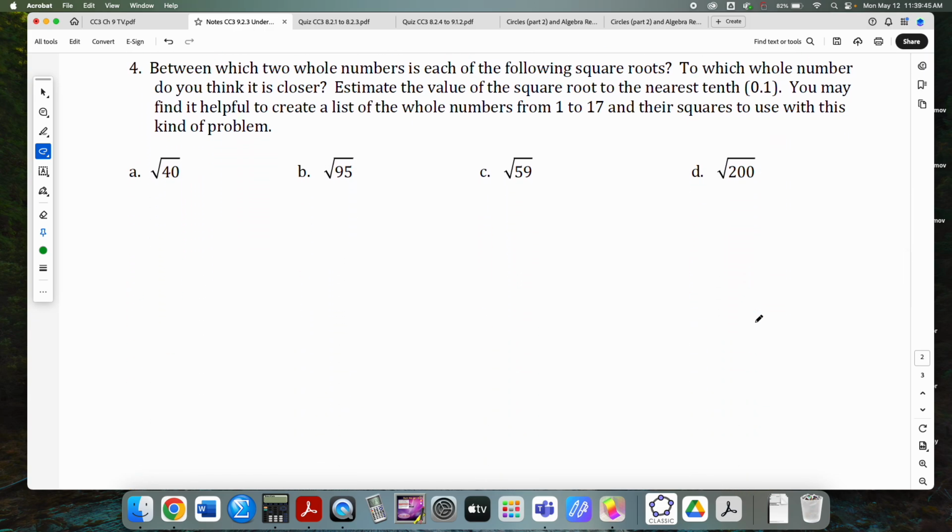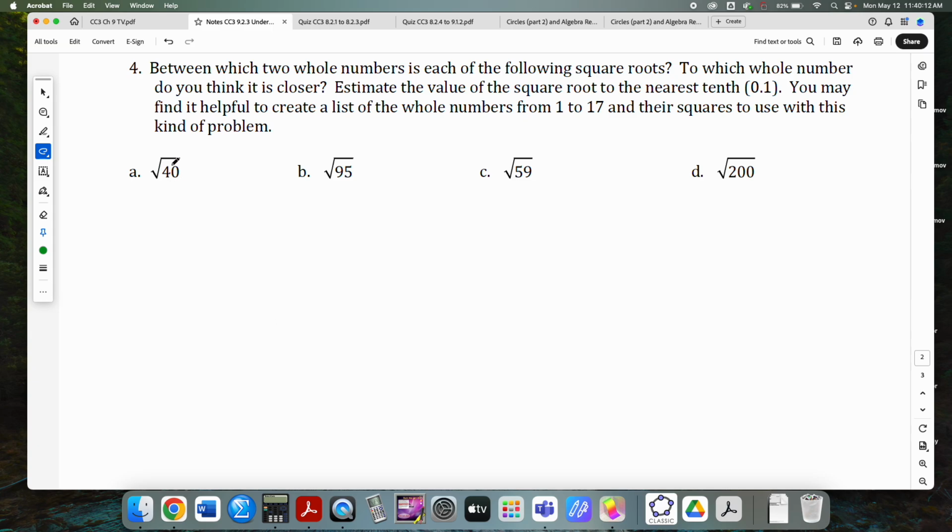Between which two whole numbers is each of the following square roots? So like the square root of 40, we don't know exactly what that is, but you should be able to say, well, it's between this whole number and that whole number. Let me explain to you how we're going to do this. What you need to do is think of a perfect square that's a little bit less than 40 and another perfect square that's a little bit more than 40.